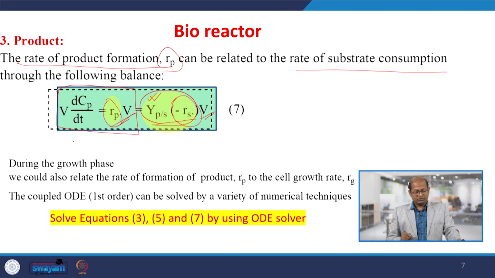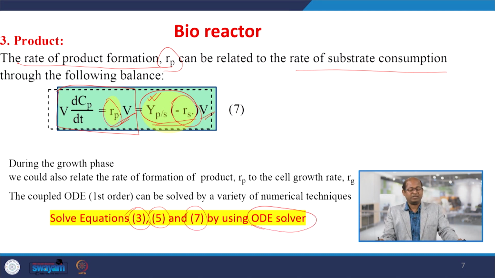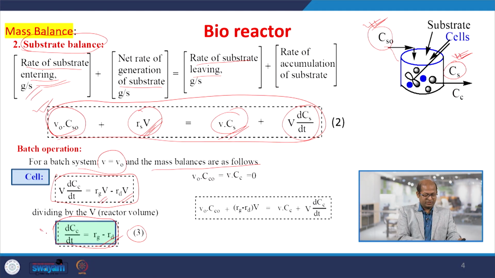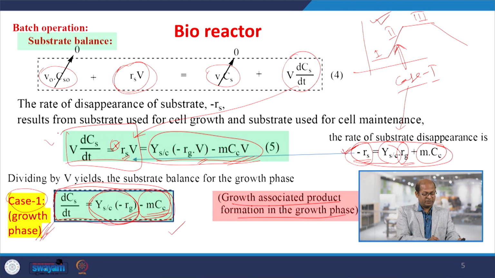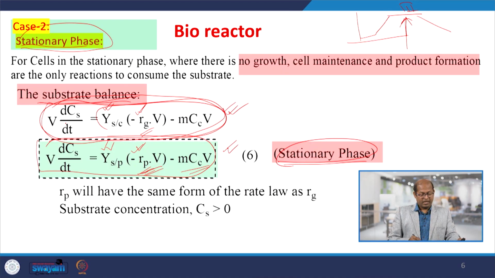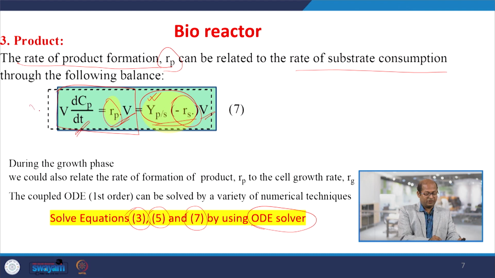Okay. So, now equations 3, 5 and 7 we have to solve by using an ordinary differential equation solver. These are first order ordinary differential equations. Equation 3 is for cell, equation 5 for the substrate, okay, and equation 7 is for product.